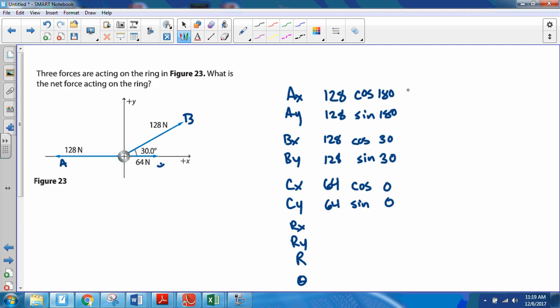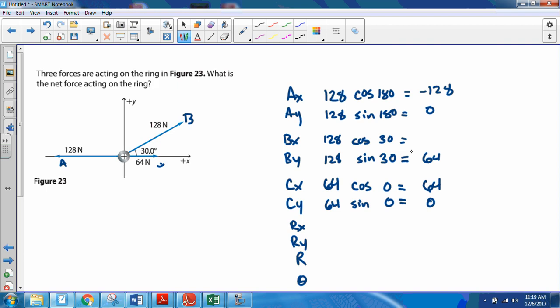All right, now I've got to do some calculating. 128 cosine 180 is negative 128. 128 sine 180 is 0. 128 cosine 30, I don't know. 128 sine 30 is 64. 64 cosine 0 is 64. 64 sine of 0 is 0.